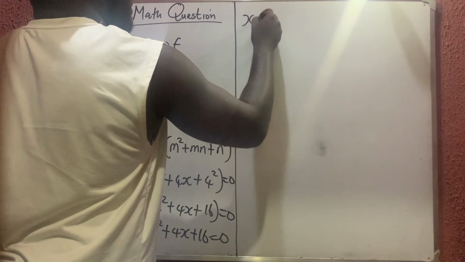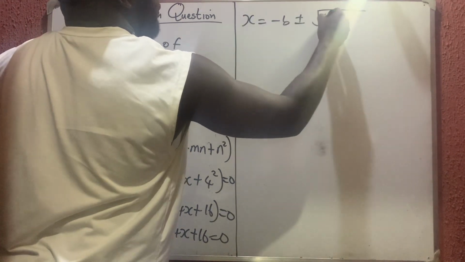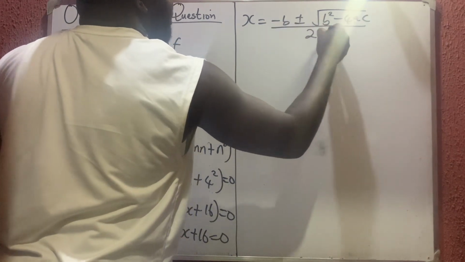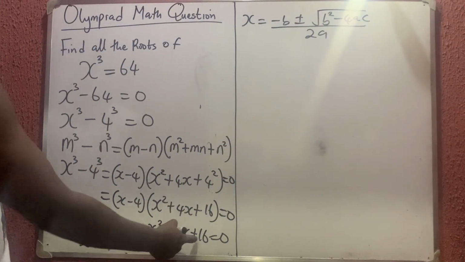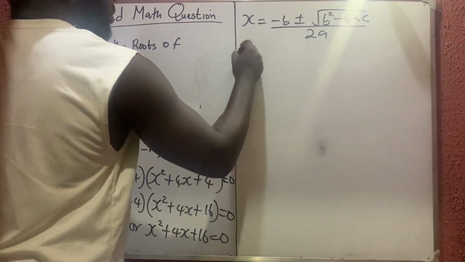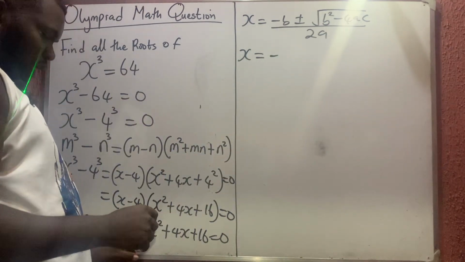We have that x is equal to minus b plus or minus the square root of b squared minus 4ac, everything over 2a. This is the quadratic formula, because this quadratic equation is not factorizable. So I'm going to have that x is equal to minus, this is your a, b, and c.